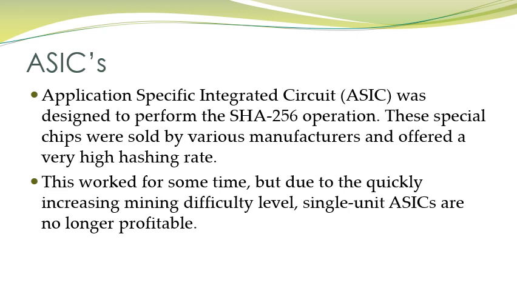This worked for some time, but as the Bitcoin network increased the mining difficulty level, ASICs also became useless, and it is no longer profitable to use application specific integrated circuits for calculating the hash values.